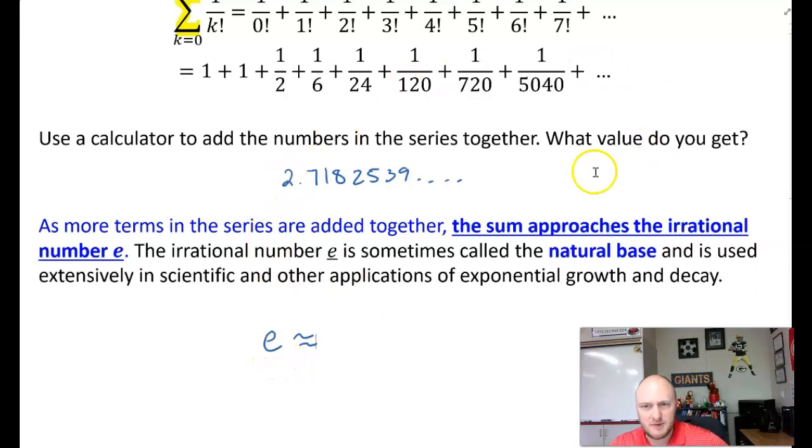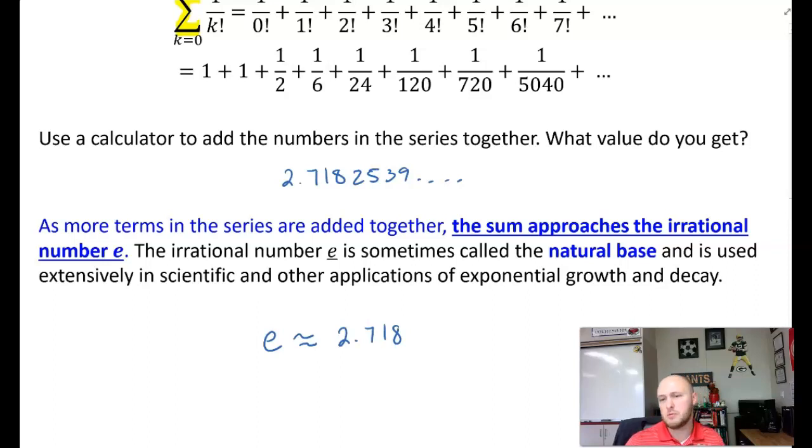A famous mathematician named Euler discovered this number, and it is often called the natural base. It's used extensively in scientific and other applications, especially in exponential growth and decay. So e is approximately 2.718.